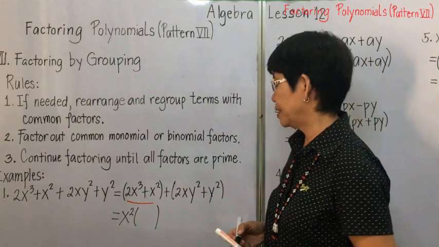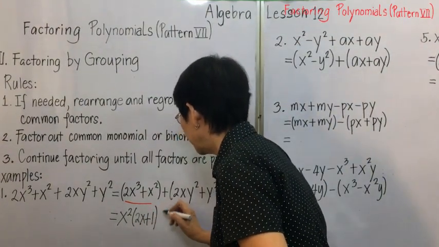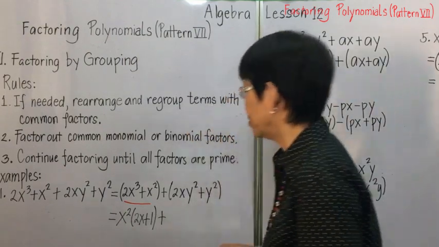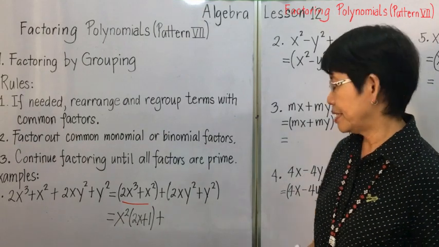Factor out x squared and you have 2x plus 1. Then copy the sign in between them. And then the common factor here is y squared.